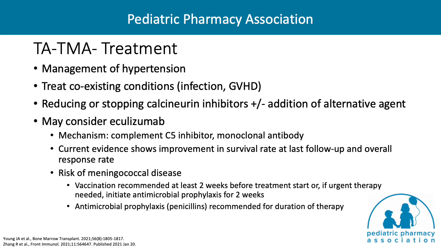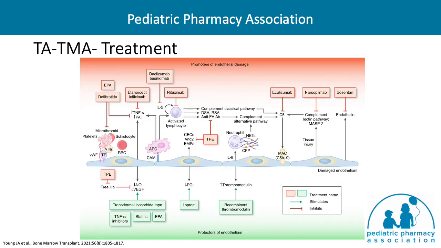Antimicrobial prophylaxis with penicillins is recommended for the duration of eculizumab therapy. Many other modalities for treatment of TA-TMA have been studied and, as can be seen on this slide, target various targets in the process of TA-TMA development and also endothelial damage.